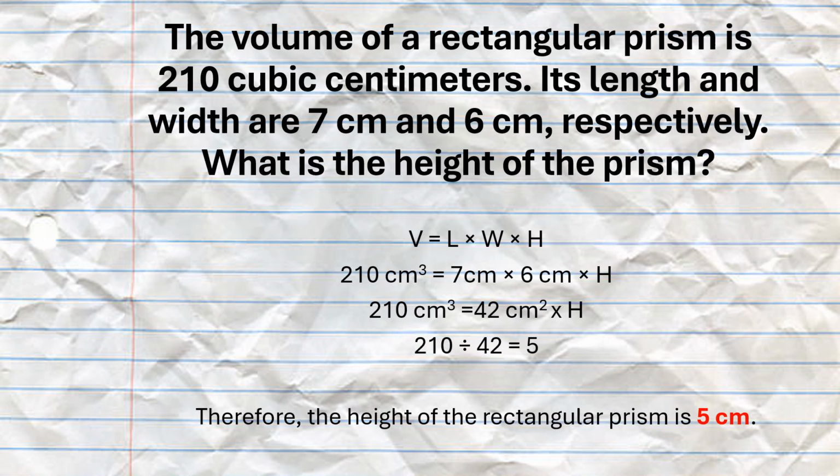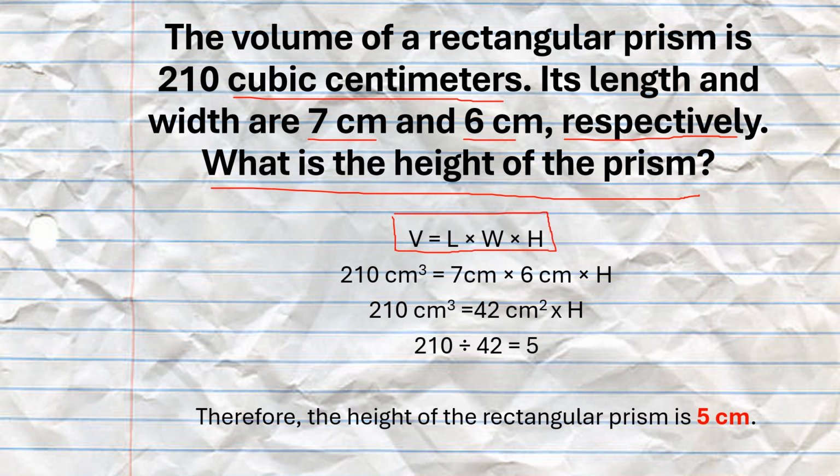For the last problem, the volume of a rectangular prism is 210 cubic centimeters. Its length and width are 7 centimeters and 6 centimeters respectively. So what is the height of the prism? Given the volume V equals L times W times height, we will substitute the value of volume, which is 210 cubic centimeters.